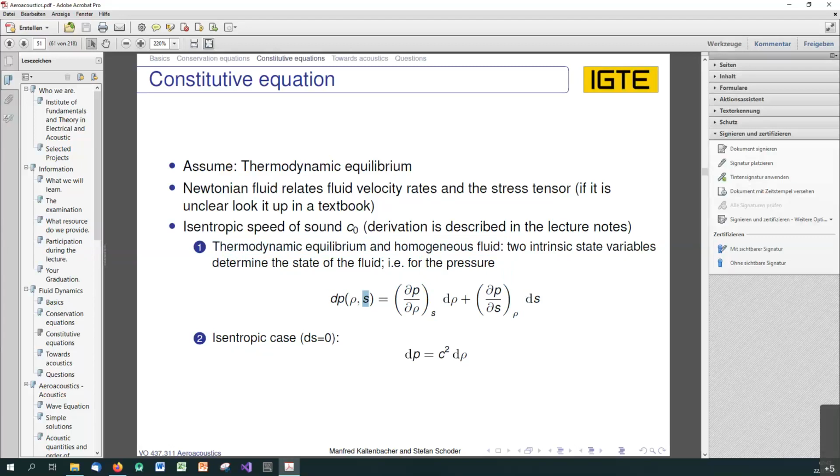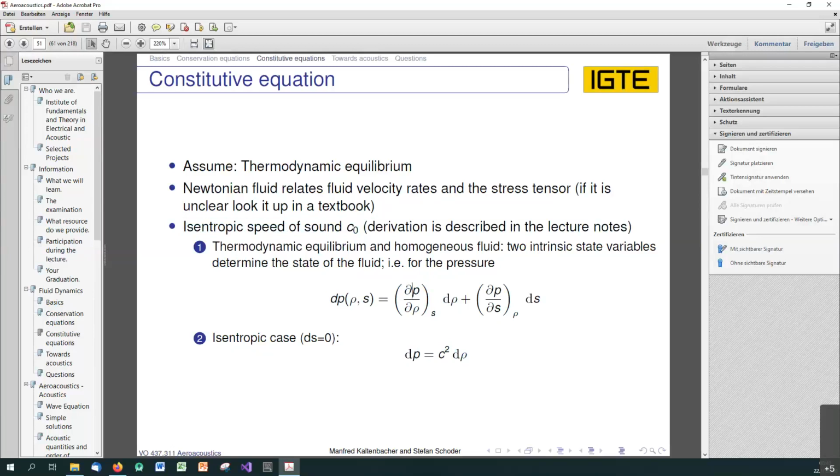If we are in the isentropic case, then we can define the isentropic speed of sound. It's more or less defined like this. So here we have the isentropic speed of sound, which is the derivative with respect to the isentropic state, and then you have the material parameter, which is now the speed of sound.